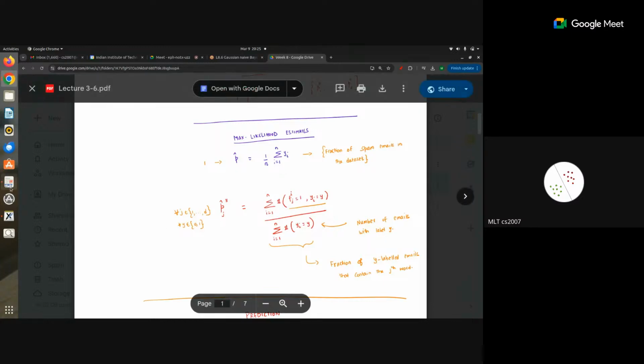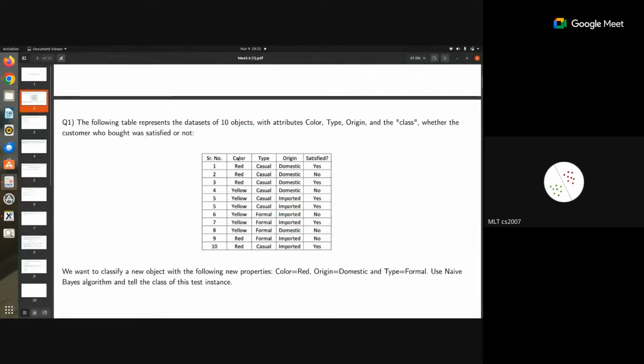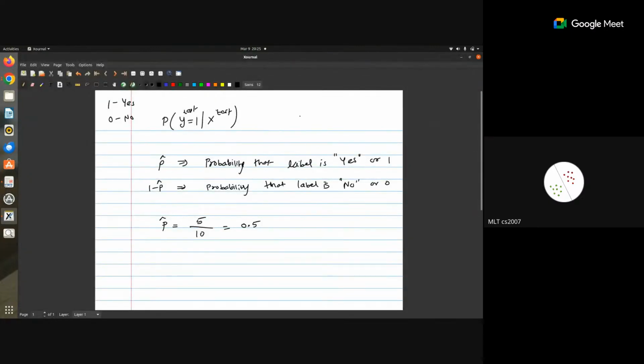With respect to this example, let's say color. Color is the attribute we are actually looking at. There are two classes here, red and yellow. So we can make red 0 and yellow 1, because each feature x also belongs to two classes, 0 and 1.